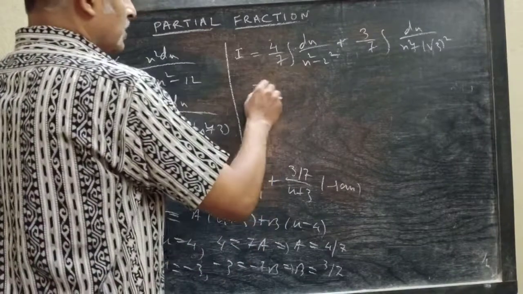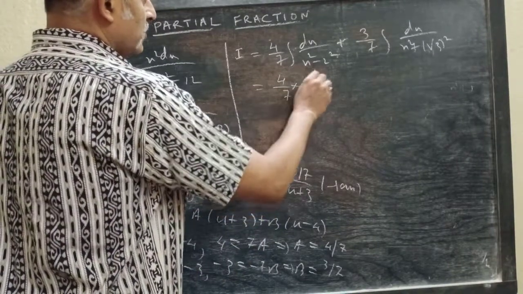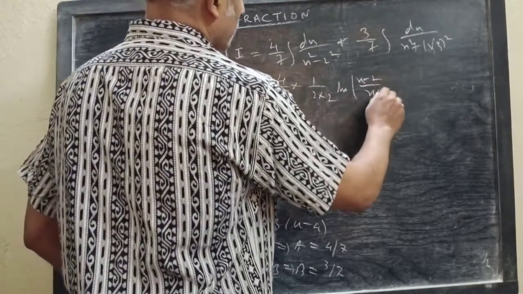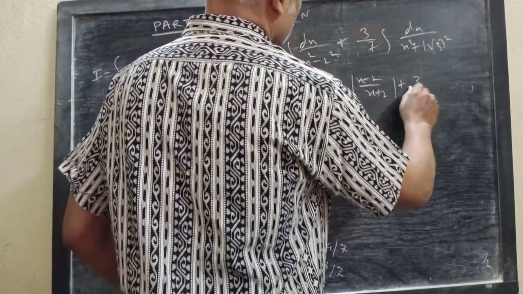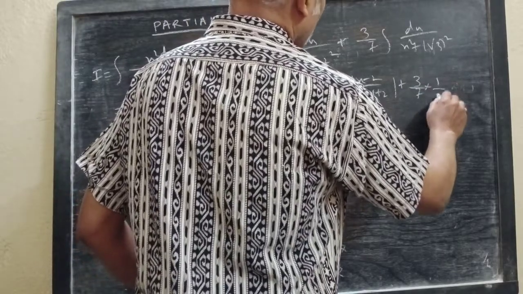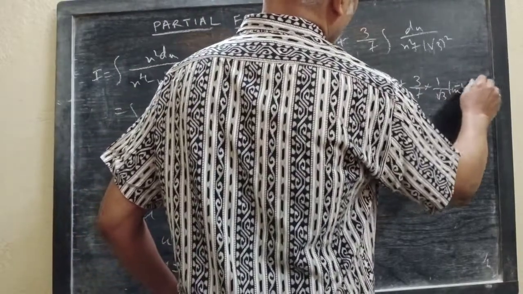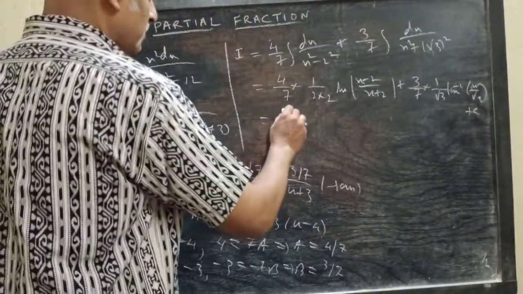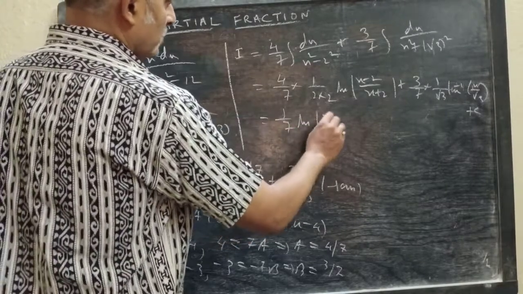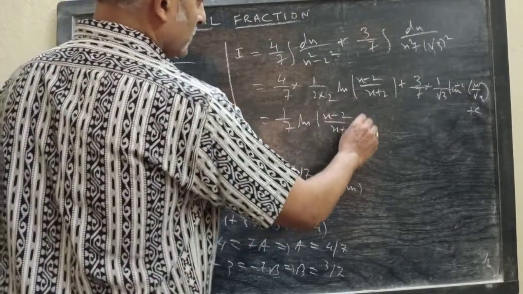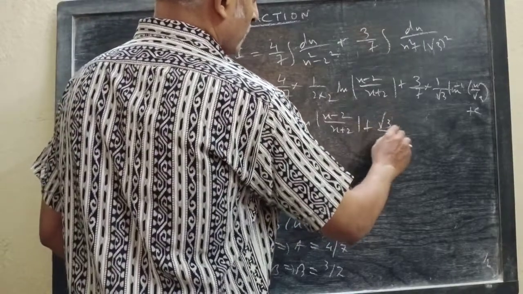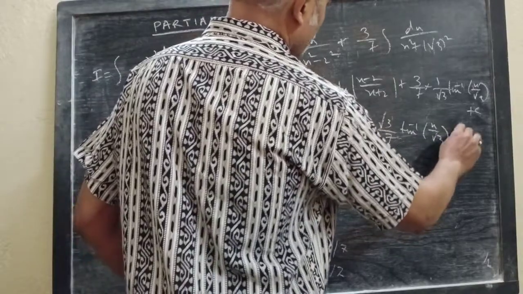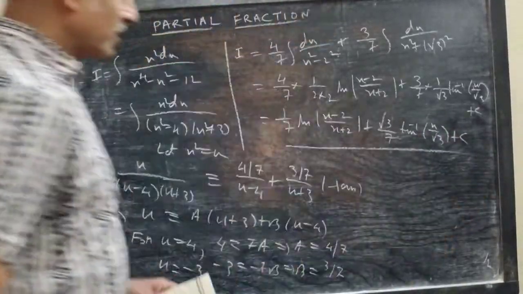Now this will be 4 by 7 into 1 by 4 ln of mod of (x minus 2) by (x plus 2), plus 3 by 7 into 1 by root 3 tan inverse of x by root 3 plus c. So final answer is 1 by 7 ln of mod of (x minus 2) by (x plus 2) plus root 3 by 7 tan inverse of x by root 3 plus c. This is our final answer.